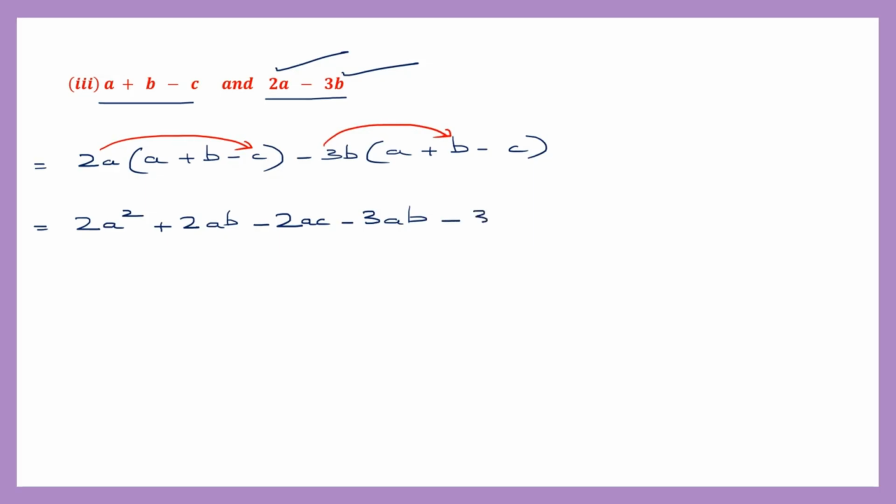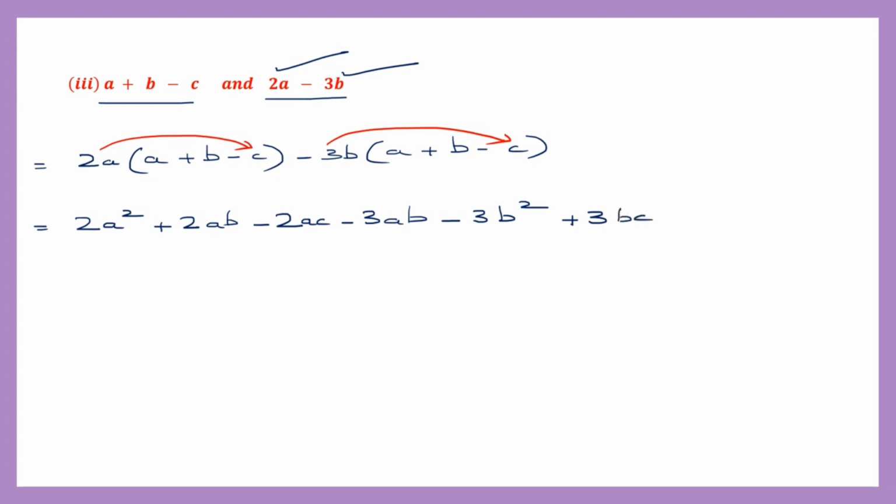The number is 3. b into b is b square. Now that we have finished this, we have to multiply minus 3b into minus c. The sign is minus into minus, plus. The number is 3. b into c is bc or cb. So we'll leave it as bc.